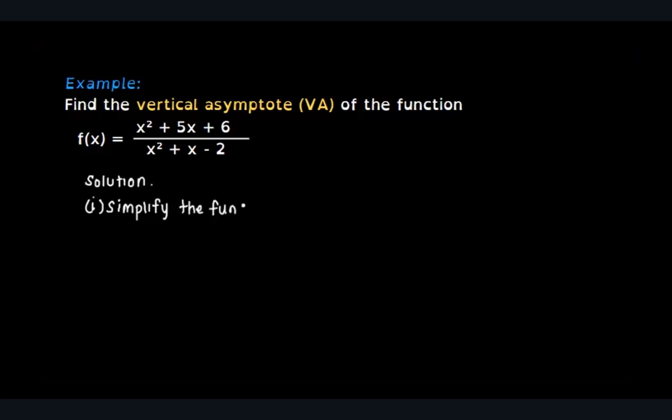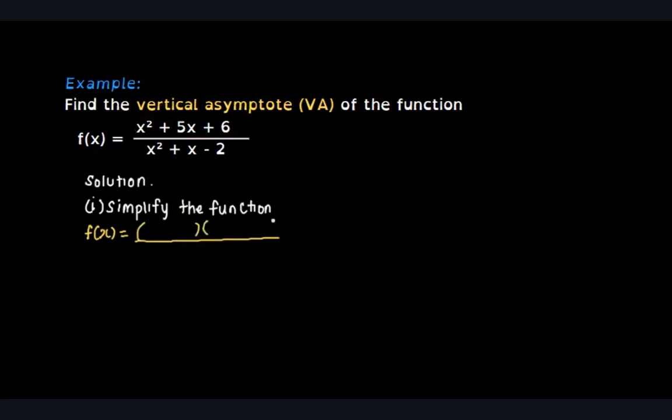Okay, paano kaya natin siya i-simplify? First, mag-focus tayo dun sa numerator muna. Then mamaya, dun naman tayo sa denominator. So we have f of x equals, yung numerator natin, x squared plus 5x plus 6, we can factor them out.